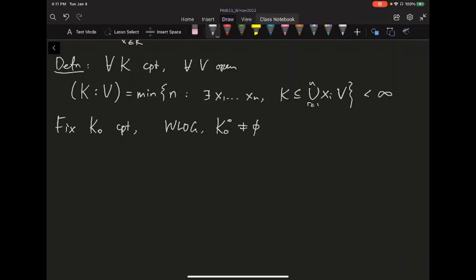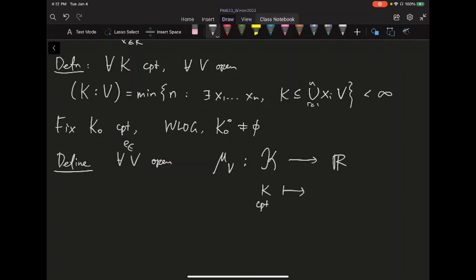So let's make the following definition. Let's define, for each V, an open neighborhood of the identity, the following. Let's define mu_V. It's going to be a map from the set of compacts, let's use this curly K as the set of compacts, to the reals. So if I give you a K that's compact, I will map it to the following.